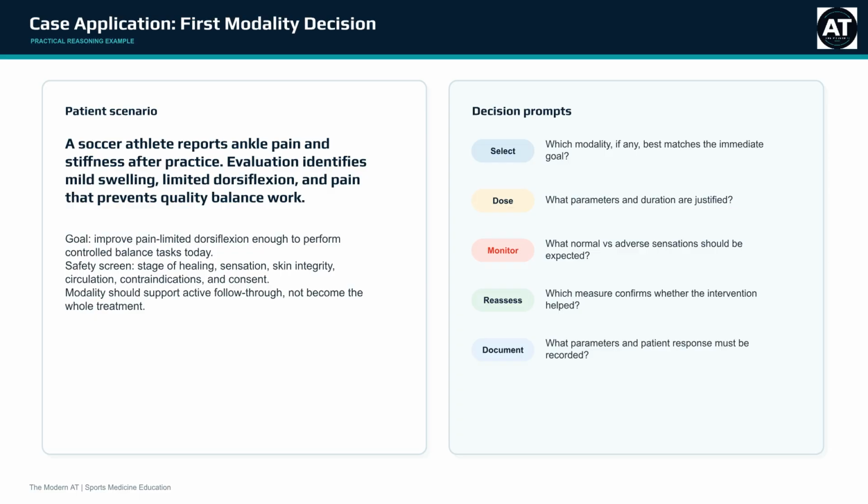The selected modality should match that short-term goal and be followed by active mobility or balance work. The dose should be justified by the desired response and patient tolerance. Reassessment might include dorsiflexion range, pain during movement, balance quality, or ability to complete the planned task. Documentation should record parameters and response.